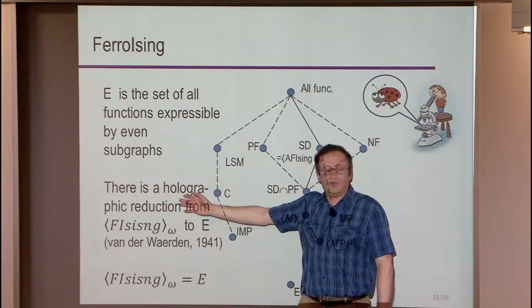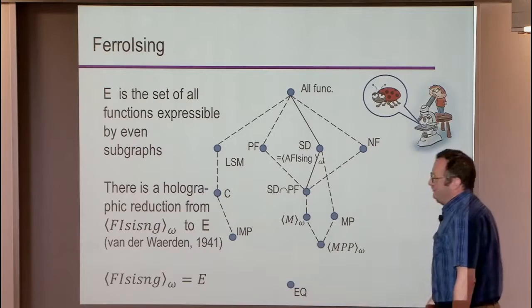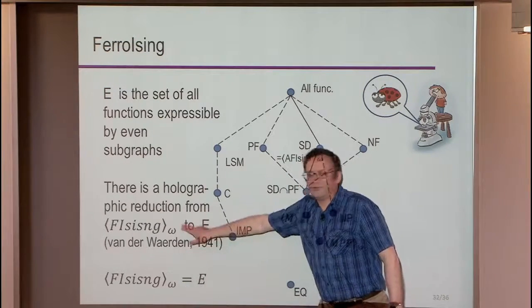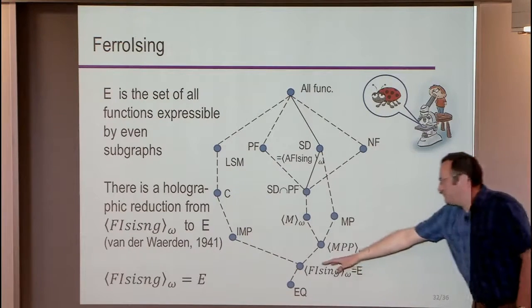So somehow holographic reduction and gadget reduction are the same. So you can work hard or do nothing, but you get the same result. It tells you something about it. It's really tiny. It's below imp as we know now. So it's very, very low here.